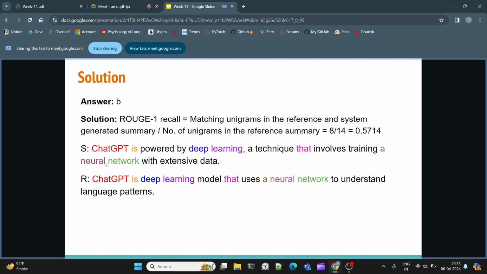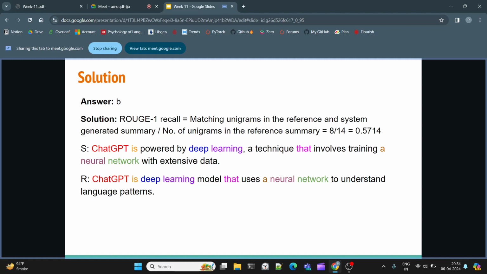Each of them is colored with a different color. ChatGPT is common, is common, deep learning is common, that is common, is common, neural and network. So there are a total of 8 unigrams which are common between the sentences. That gives us 8 in the numerator, and if we do the computation, we get 0.571. That gives us the ROUGE-1 recall value.